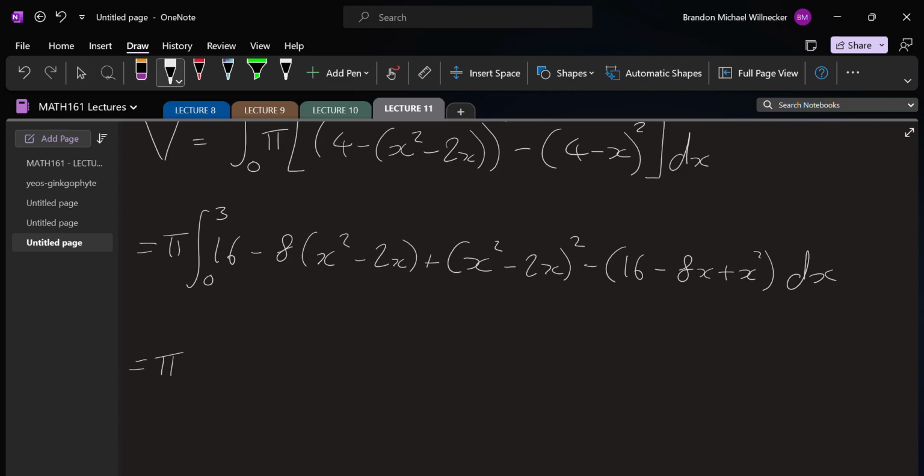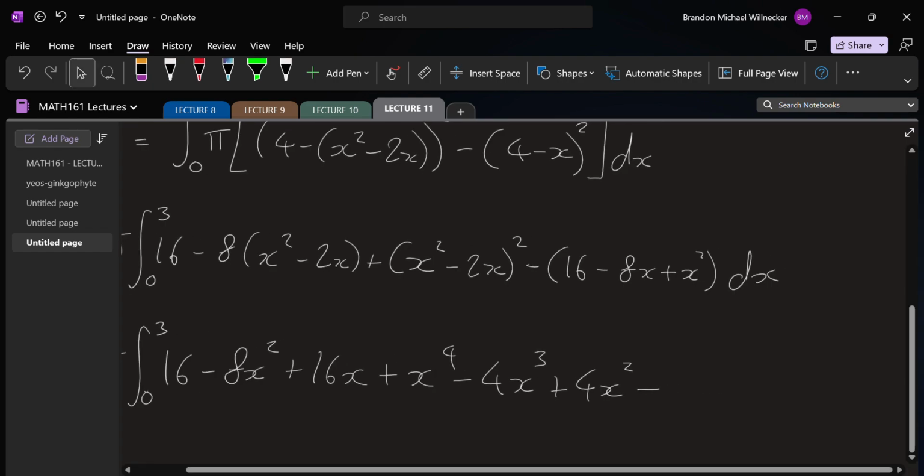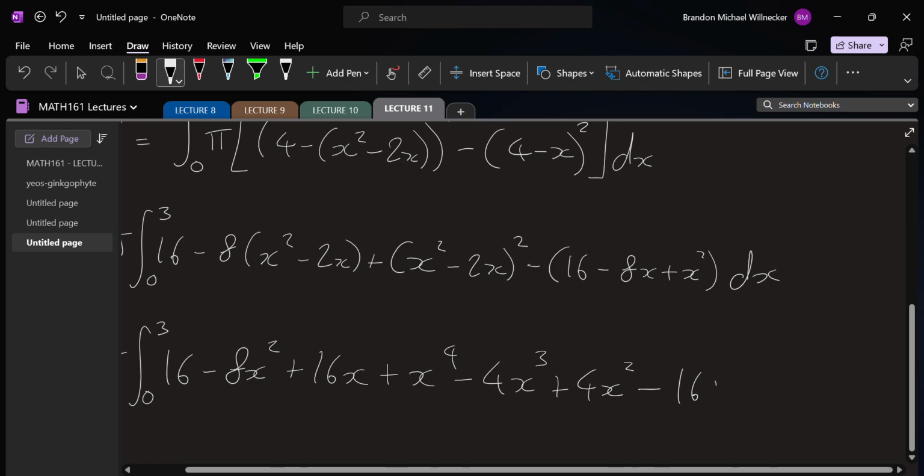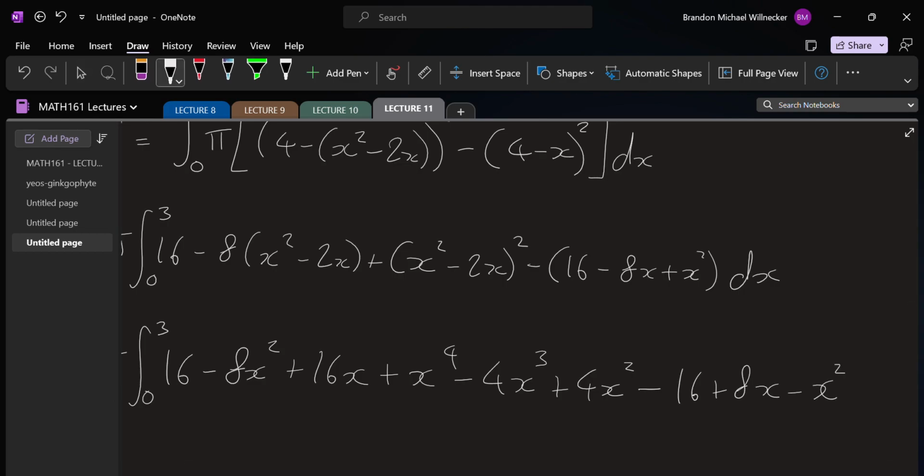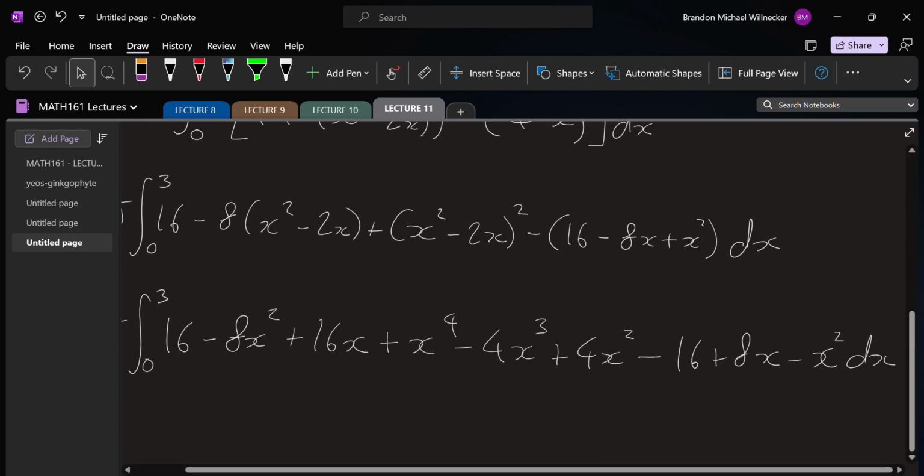Let's expand the bracket with the minus 8, and then we still need to square that second bracket. So that's pi integral from 0 to 3, 16 minus 8x squared plus 16x plus, then we can expand this out: x to the 4 minus 4x cubed plus 4x squared. Then the last bracket, we just put a minus sign in front of everything, so that's minus 16 plus 8x minus x squared.